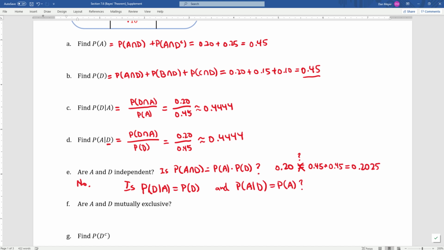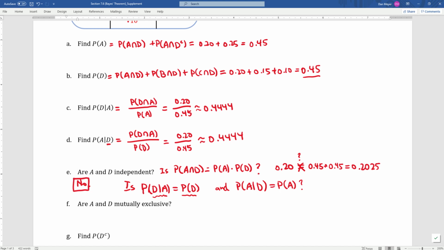This is basically saying if the probability of D given A is the same as the probability of D, that basically means that D doesn't really care whether or not A happens. That's our intuition behind independence. And let's see, the probability of D given A is 0.444, and the probability of D by itself is 0.45. So these two aren't equal. Same thing for those two. So that's another way to see if events are independent.